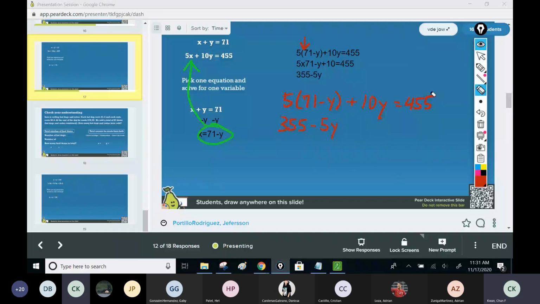So make sure you distribute the 5 to both the 71 and the y. Plus 10y, you're missing the y, so make sure you keep the y right here. Don't forget about the y.